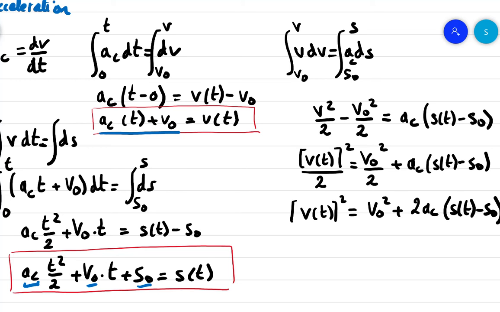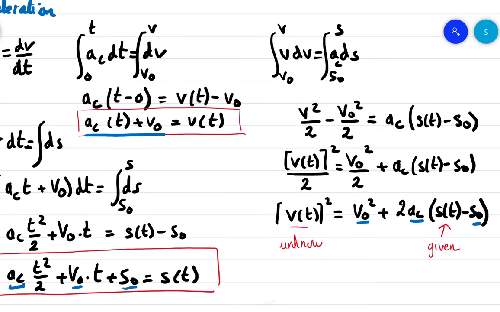And that's your formula. What is constant there is your v naught, it's given, your initial velocity. Your acceleration is constant. You have your s naught. And you are able to find it for any position s. So what you will have as information is the position s, and what you will find is the velocity v. You can take the square root of all of that. Most of the time, s will be given and you will have to find v, or maybe v is given and you need to find the displacement.